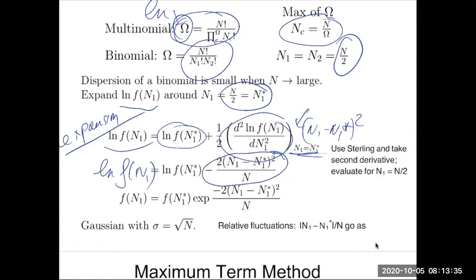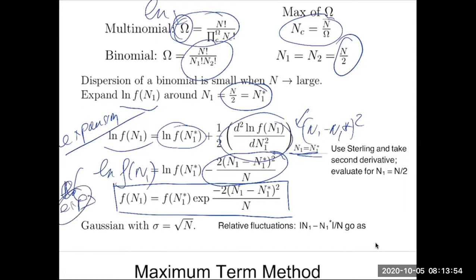What's now more important is when you go back to the distribution by taking the exponential, you find that the deviation behaves Gaussian. So I got this by taking the log of the previous expression. Sorry, take the exponential of the previous expression. And now you see that this looks like a Gaussian.